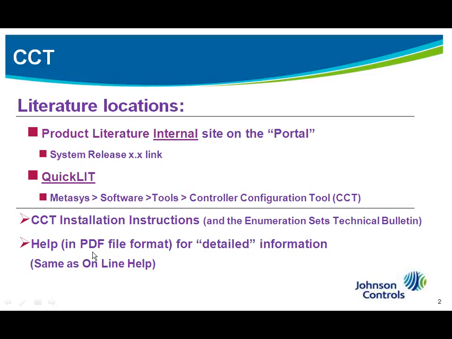In these locations, you will find information on the CCT installation instructions, as well as the enumeration sets technical bulletin. Help is also found there in a PDF file format for all detailed information on CCT, which is the same as found in online help.